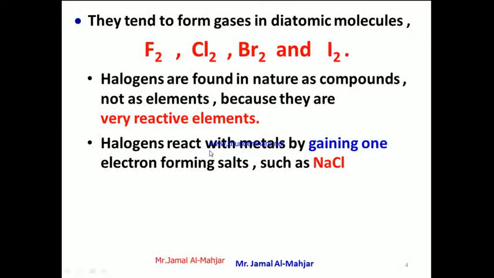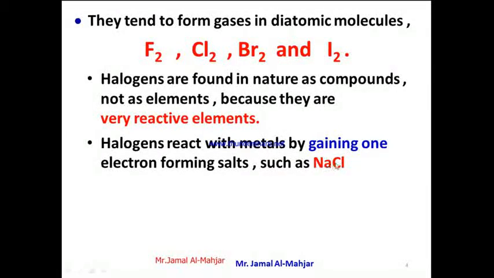So halogens react with metals by gaining one electron, forming what? Yes, salt. That's why they are called halogens. Such as what? Yes, NaCl. Na is a metal. It loses one electron and gives it to the chlorine.